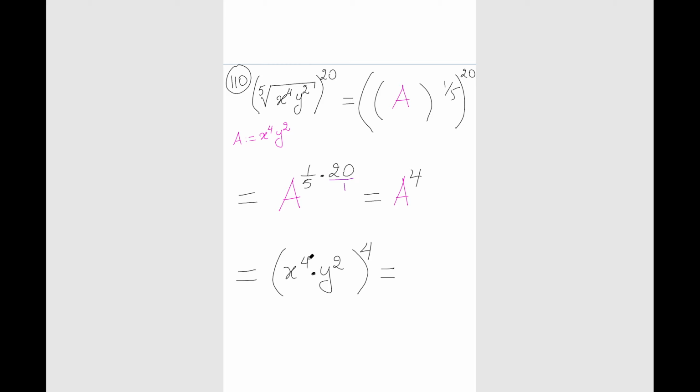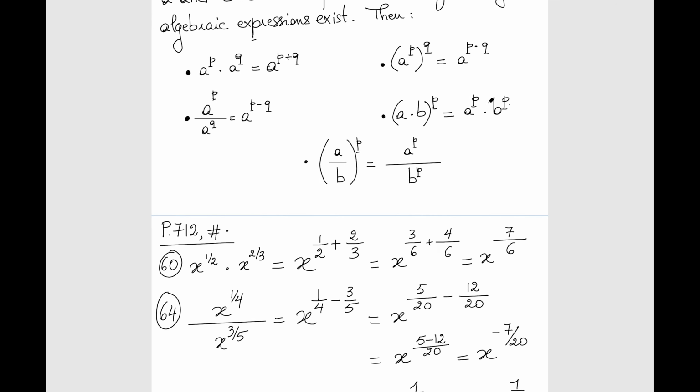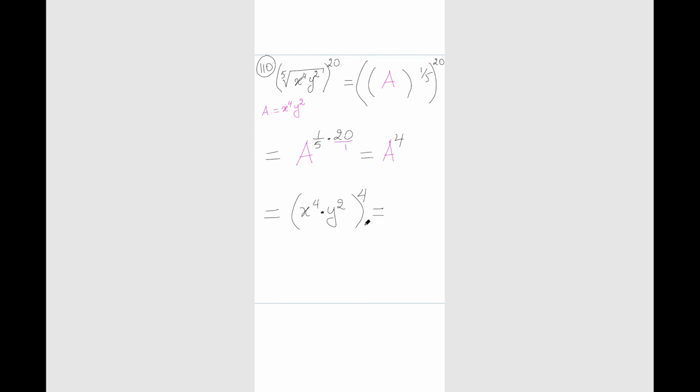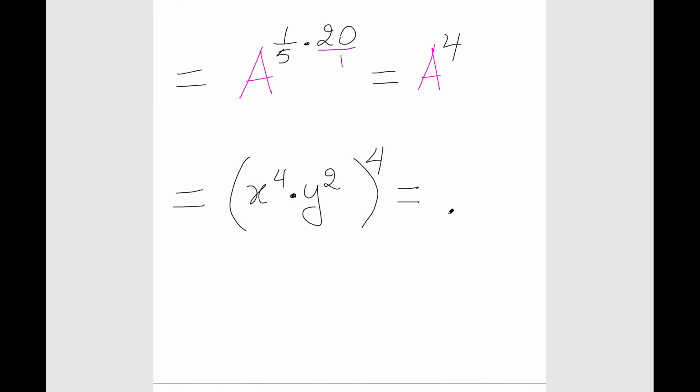So now I have a power of a product, and for a power of a product, it's this property right there. The pth power of a product is the product of the corresponding pth powers. So that's going to be the fourth power of this guy, times the fourth power of this guy.